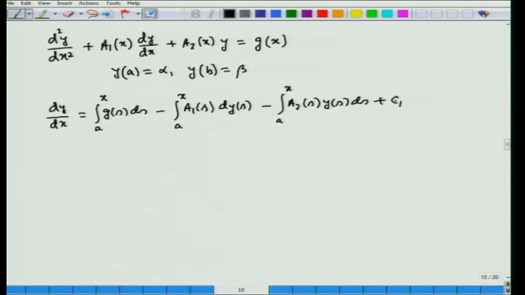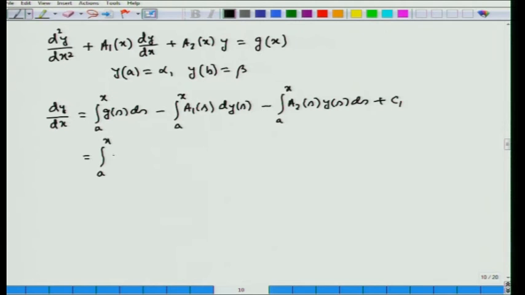So, we are writing c1 here. In order to write the middle integral, we have used the notion that dy ds operated with ds produces dy s.